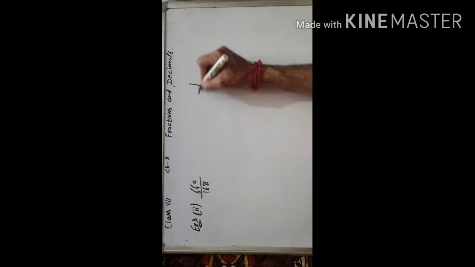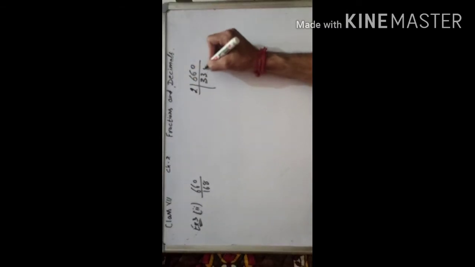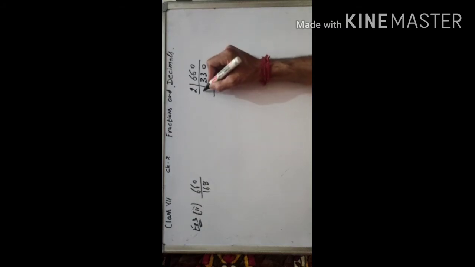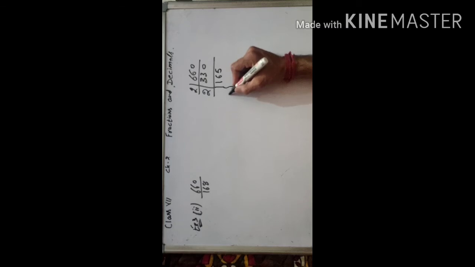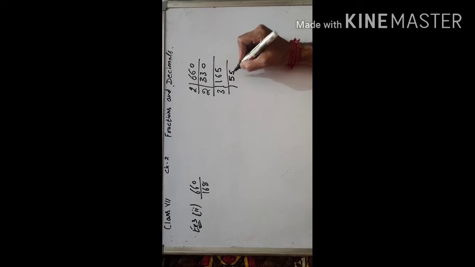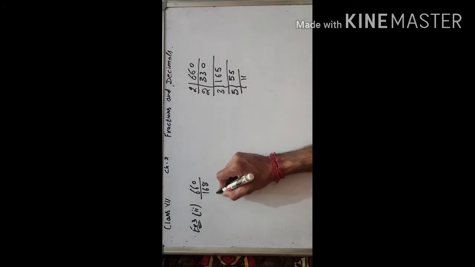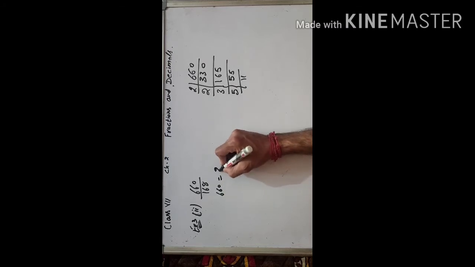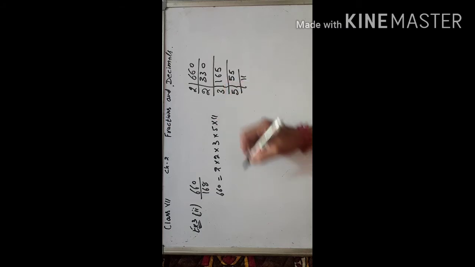Factors of 660: 2 3s are 6, 3 0, 2 1s are 2, 2 5s are 10, 3 5s are 15, 5 11s are 55. So 660 is 2 into 2 into 3 into 5 into 11.